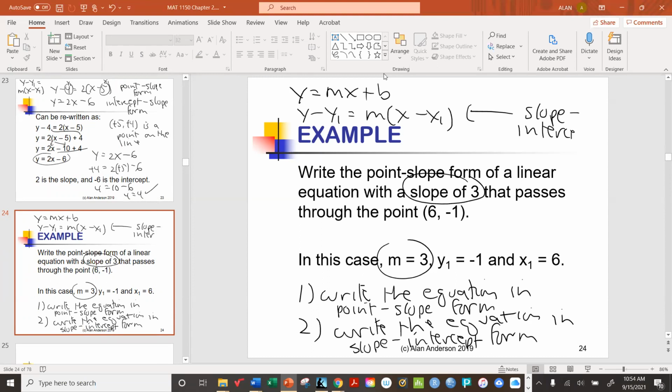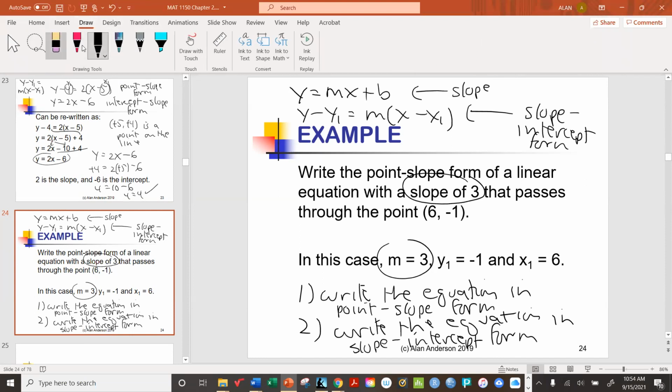Do that first, and then algebraically rewrite it to turn it into the traditional slope-intercept form. Oh, wait, I'm sorry, I wrote this backwards. My fault. This second one is the point slope form, and then up here we have the slope-intercept form. Okay. Very good. So why don't you take a couple of minutes and do them both, and we'll see how you did.